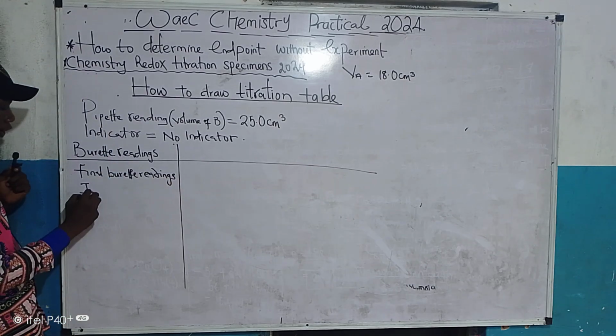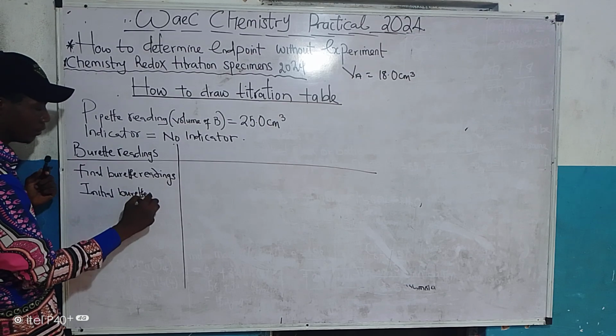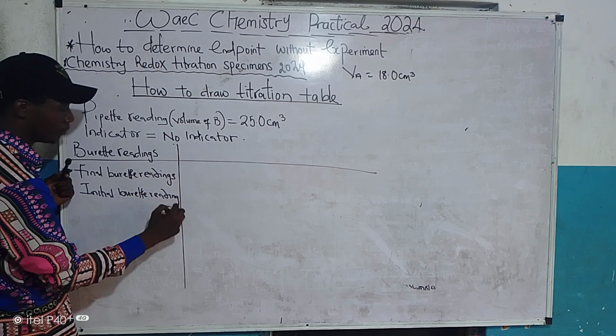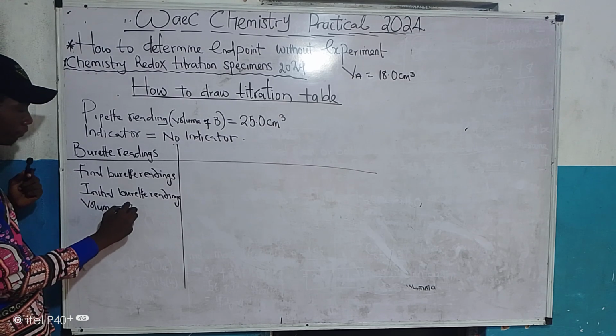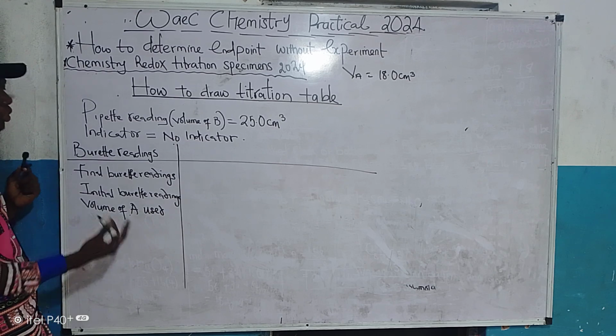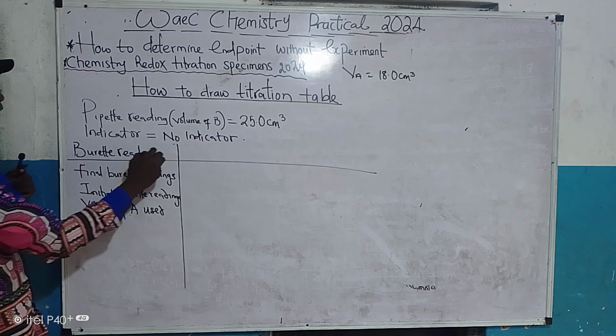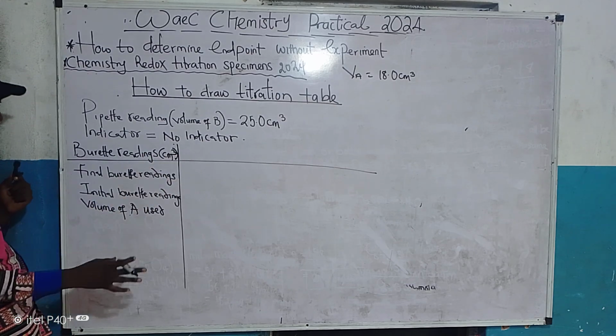Number 2, initial burette readings. Number 3, volume of A used. Remember, A is the acid, also called the oxidizing agent. Okay? Now this should be in cm³. Take note. So all of these are in cm³.